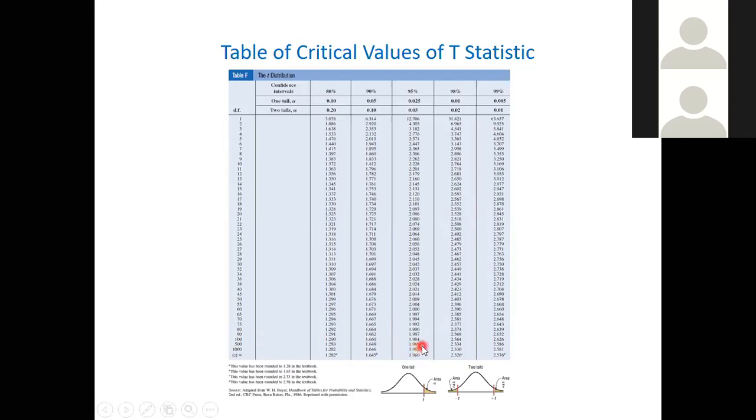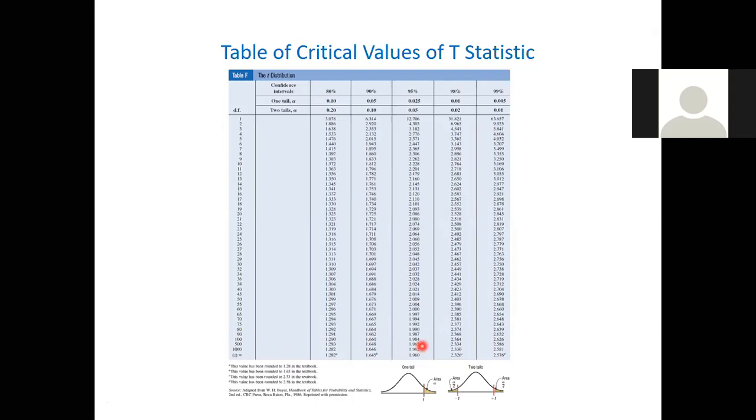It's reducing and getting close to 1.96, which is the critical value of the standard normal distribution for 95% confidence. At 1,000, it's 1.96. When you are talking of higher values, it's close to Z.